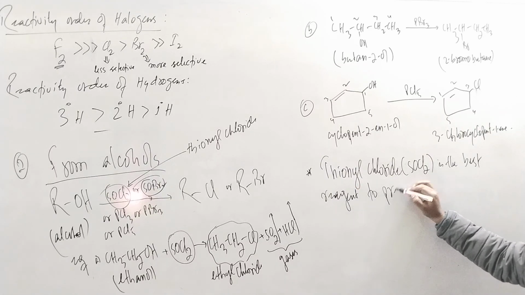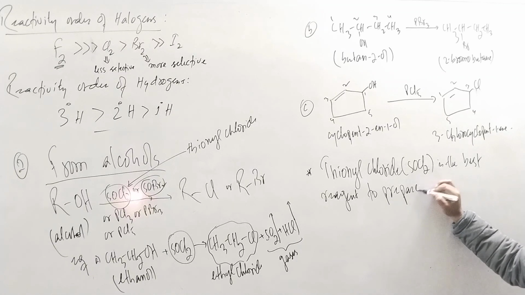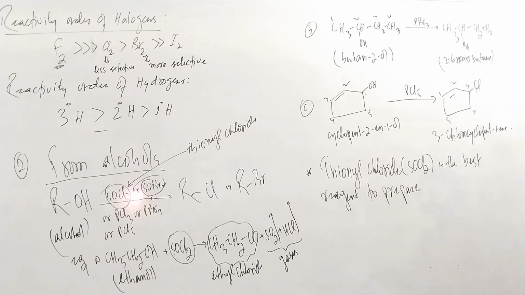Thionyl chloride is the best reagent to prepare haloalkane from alcohol. This is important, it can be asked in the exam.